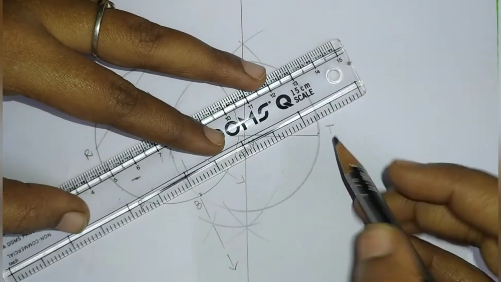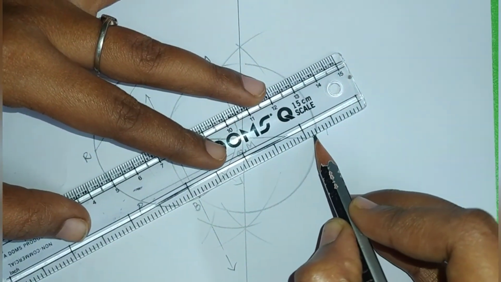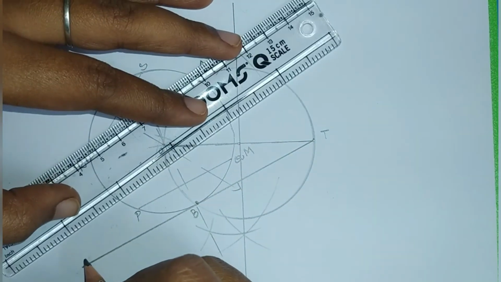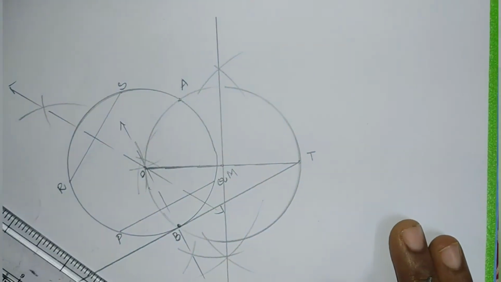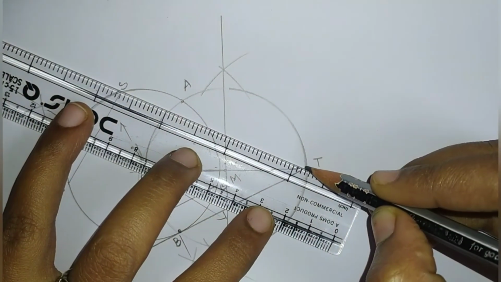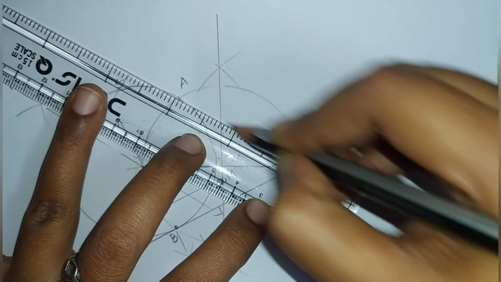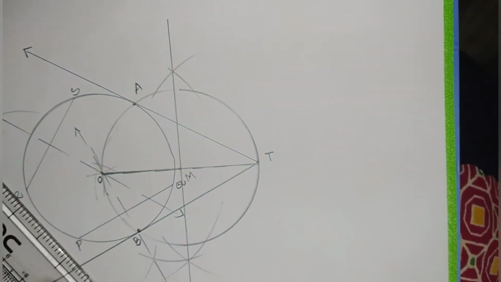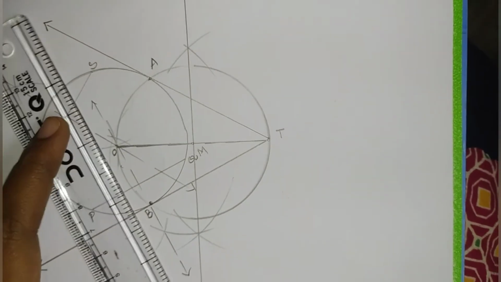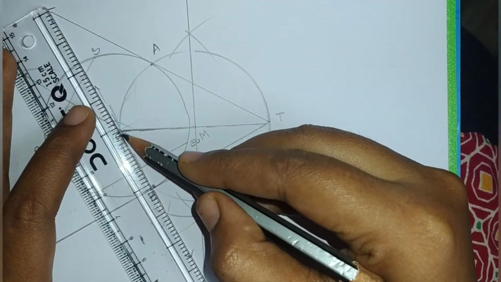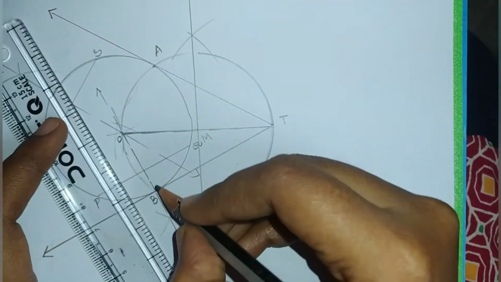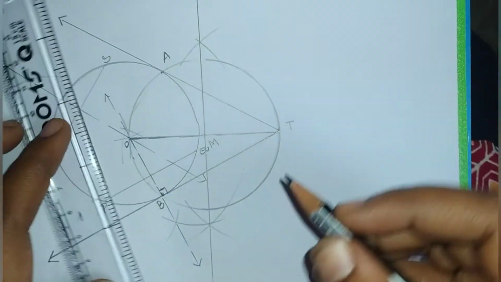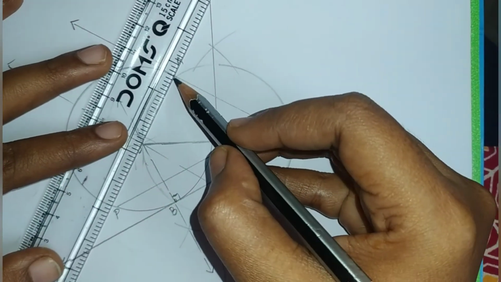Now join T to the circle. So TB is a tangent and TA is a tangent. To justify, we have to join OB and OA.